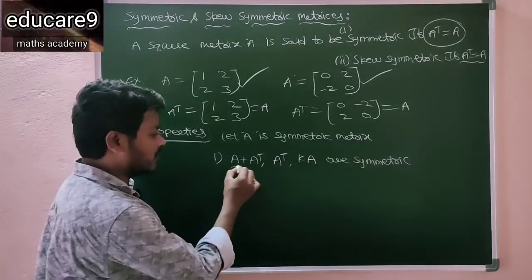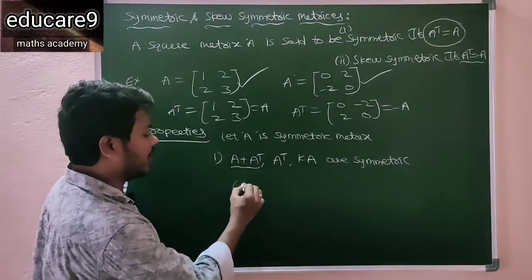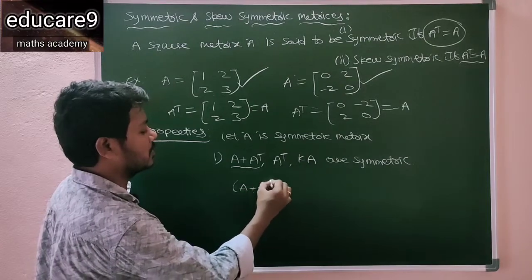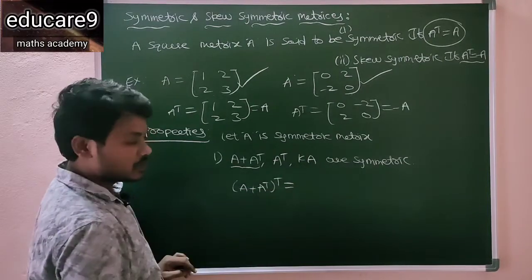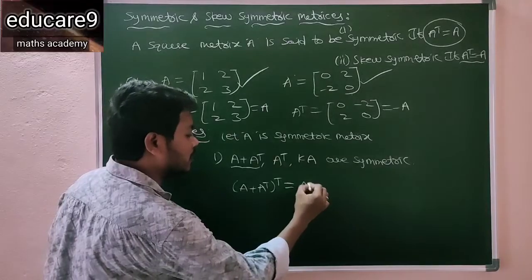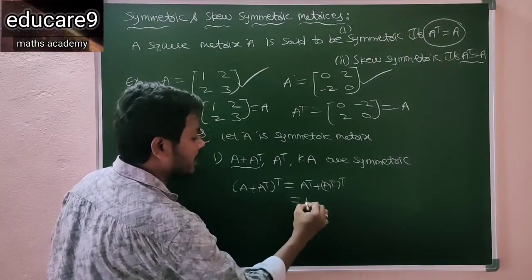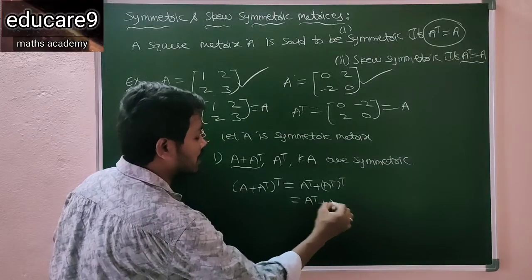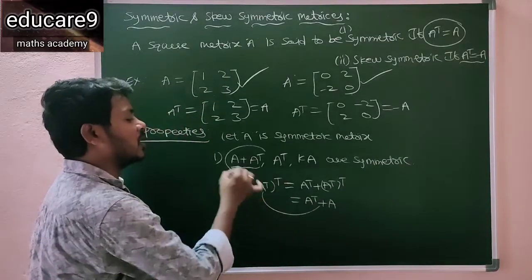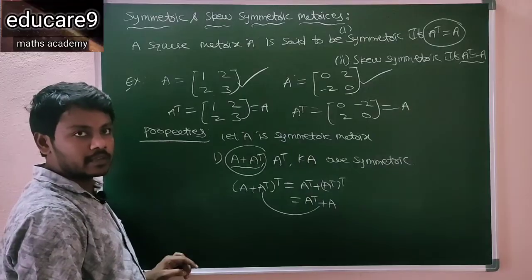See here first one, A plus A transpose. So find A plus A transpose whole transpose. Clearly what is this? A transpose plus A transpose whole transpose. Again you get A transpose plus A. Therefore this is a symmetric matrix.